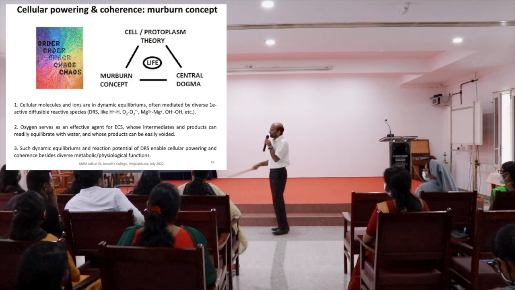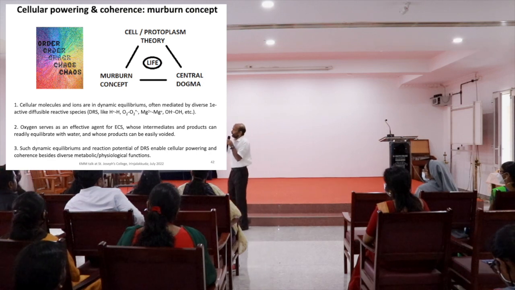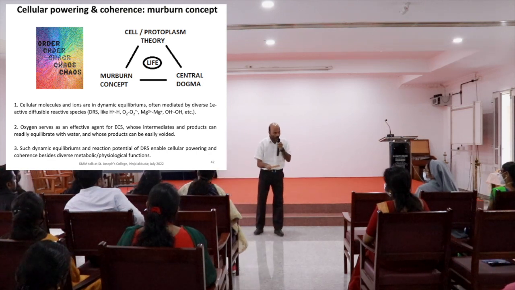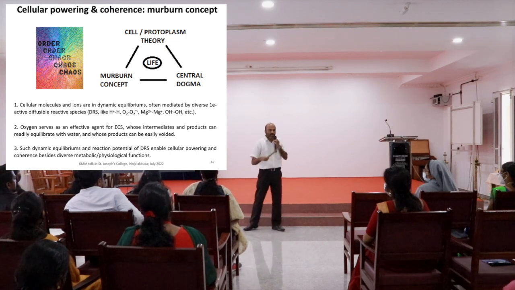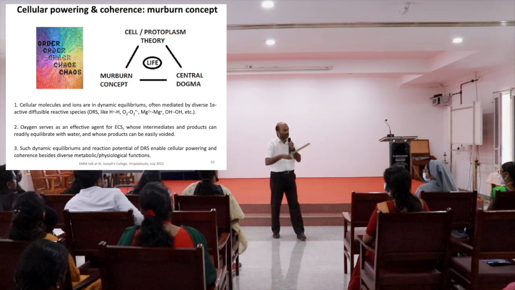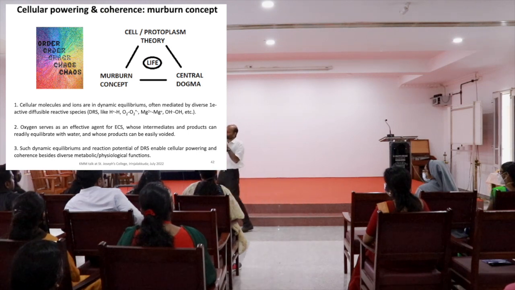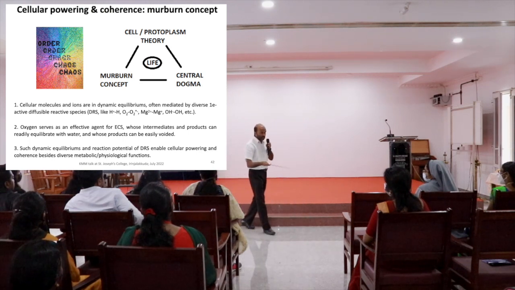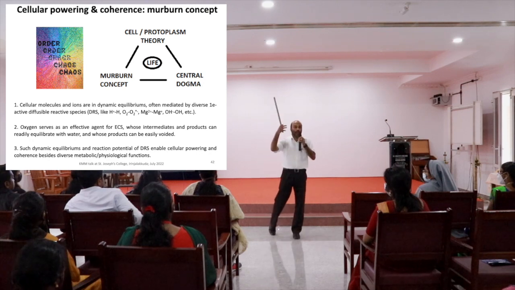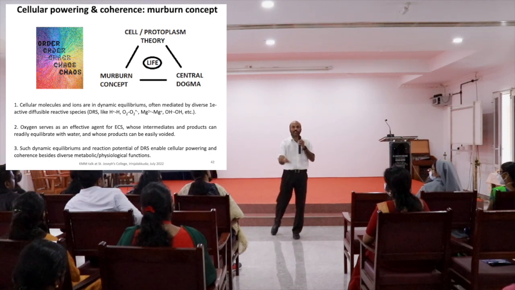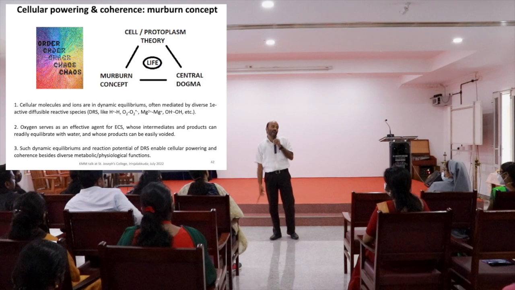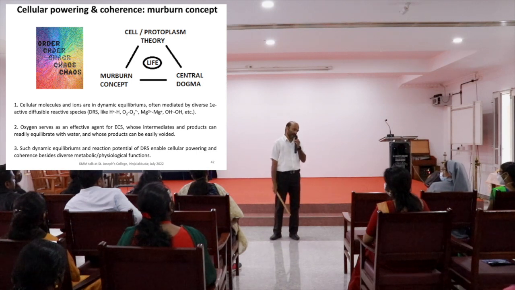Murburn concept is a fundamental pillar of life. You know the cell or protoplasm theory: the cell is the fundamental unit of life. Second is the central dogma: genes make proteins, and proteins and genes control cellular activities. And the third one is the Murburn concept. Murburn concept is the one that allowed the evolution, origin, sustenance, and is also responsible for the termination of life.